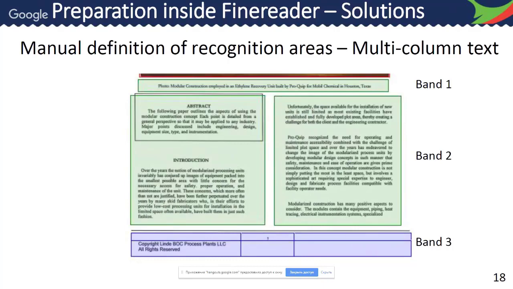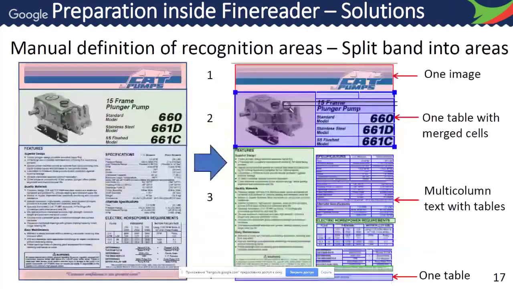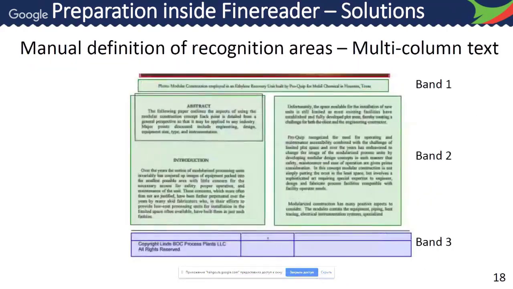The only exception to the use of tables is multi-column text of the type you see in newspapers and magazines. This text must be marked as two text areas side by side, and they can also be interspersed with tables, like on the previous slide. As you can see here, I used a table, which is shown in blue at the bottom, to recognize the page footer.